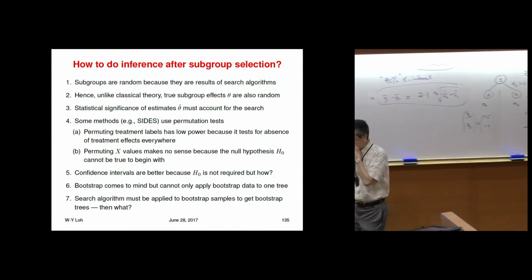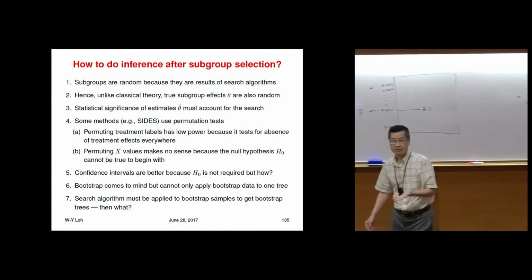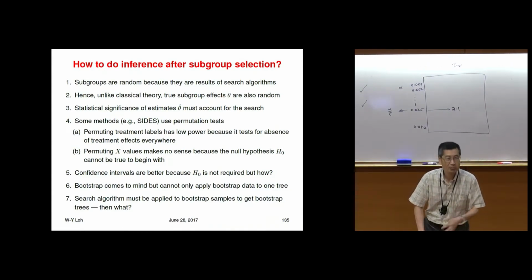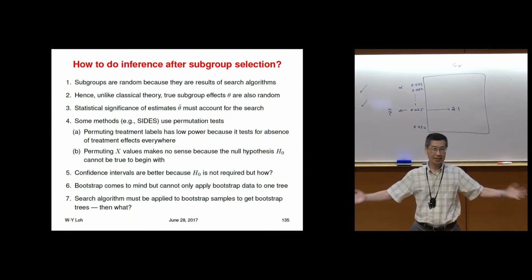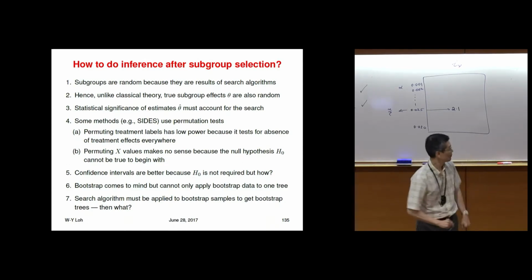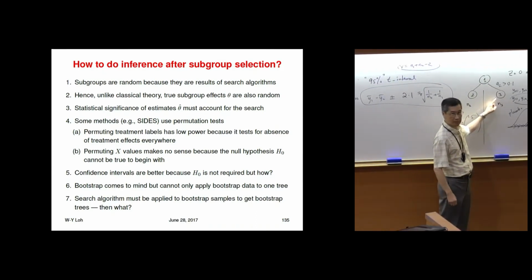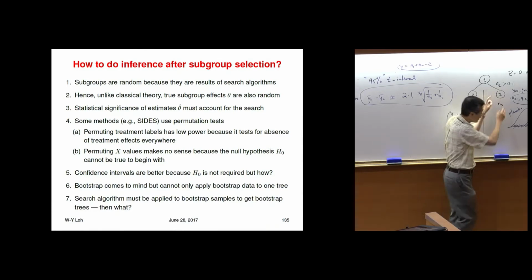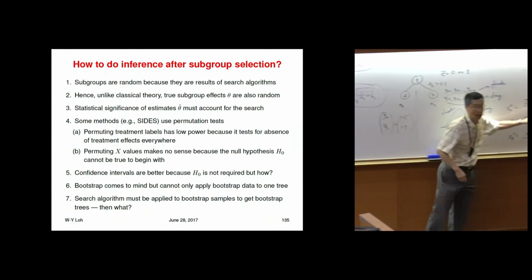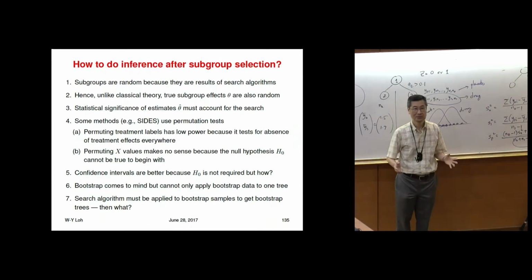So my friend has all the data. Suppose my friend owns a population. If my friend owns a population, all I have to do is tell my friend, I'm looking for this subgroup. Then my friend can look into the population and find the people in this subgroup and actually find out what is Y0 bar and Y1 bar for the population.